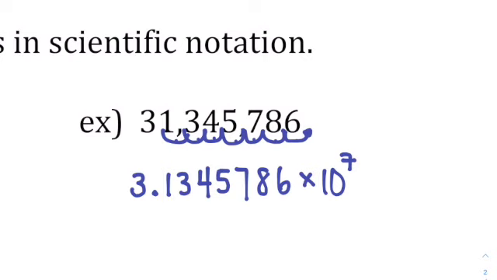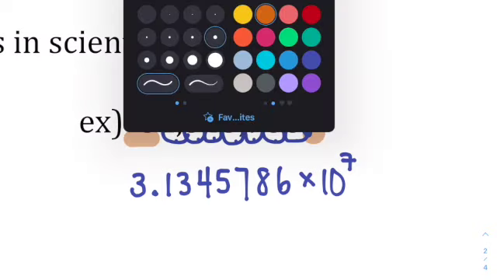3.1345786 times 10 to the 7th. The reason for that is because the decimal starts right here, since there's no other decimal. And again, I have to be in the form of 1 digit to the left of the decimal, so that's what I have to end up with.